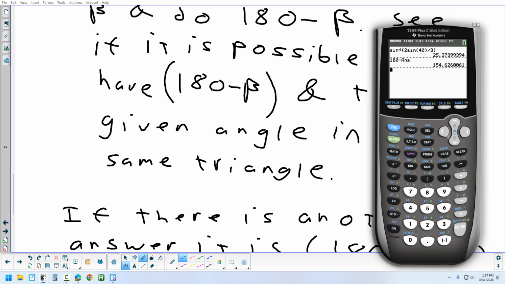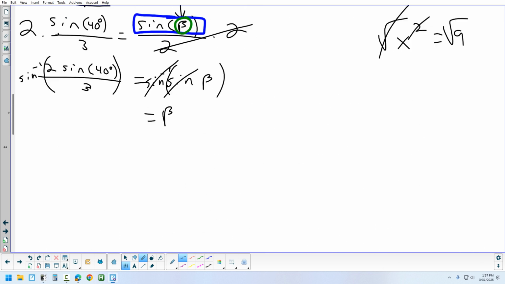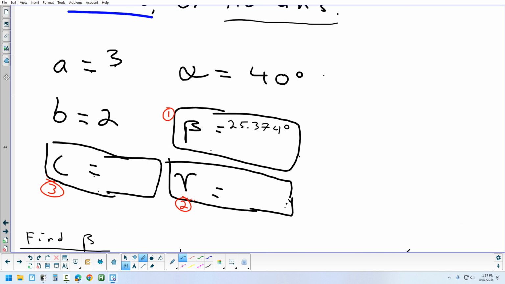I just did that right over there. When you subtract it from 180, you get 154.626. So if there is a second answer, that's what it would be. The question is, does that fit?